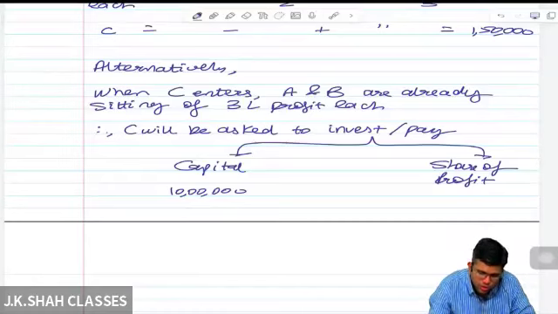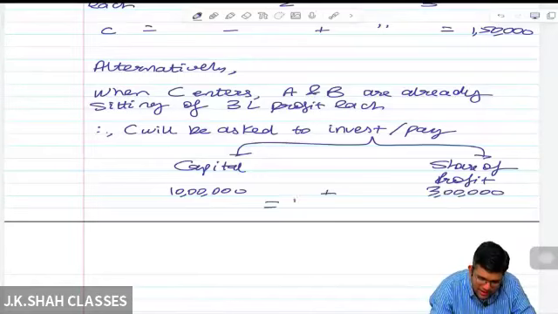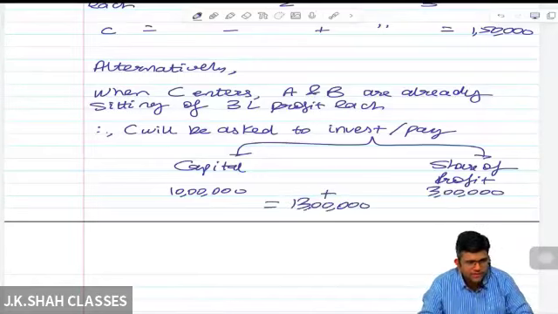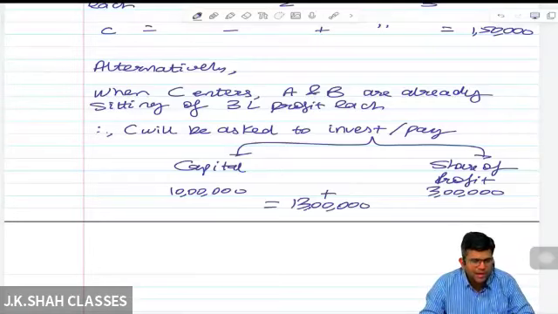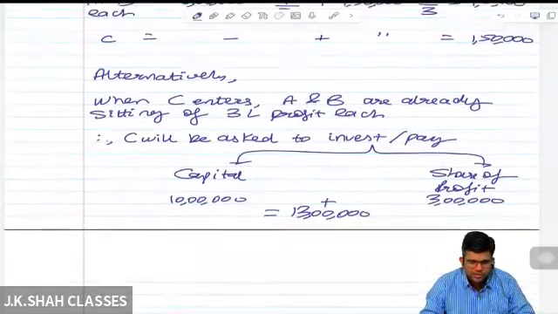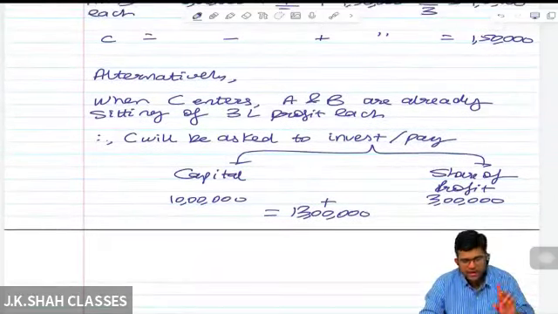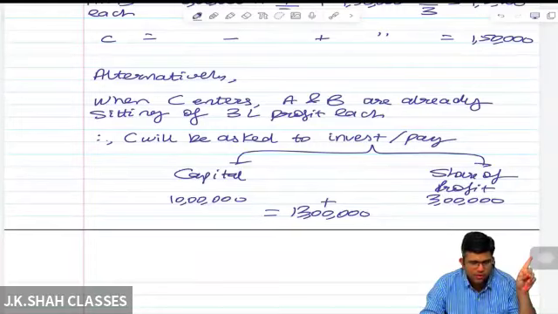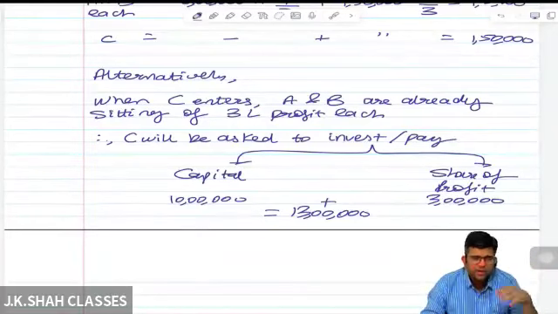C has to also pay 3 lakh rupees extra, and the total pay is how much? 13 lakh. Are you all there? Now C will say, why? For my capital, I have to pay only 10 lakh, no? Why are you asking me to pay 3 lakh more? So the firm is saying that the other partners, A and B, are already sitting on 3 lakh rupee profit. If you want to sit with them, you have to contribute 3 lakh rupee profit more.